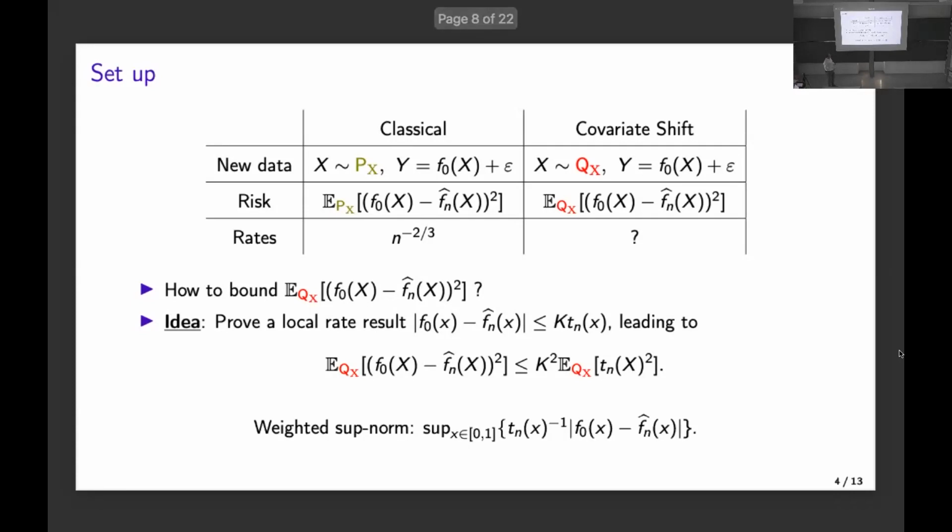So to have such a result, we want to study this weighted sup norm here, which is the sup of the ratio between the absolute value of the difference between the underlying function and the estimator, and a function Tn, which we will call local rate.